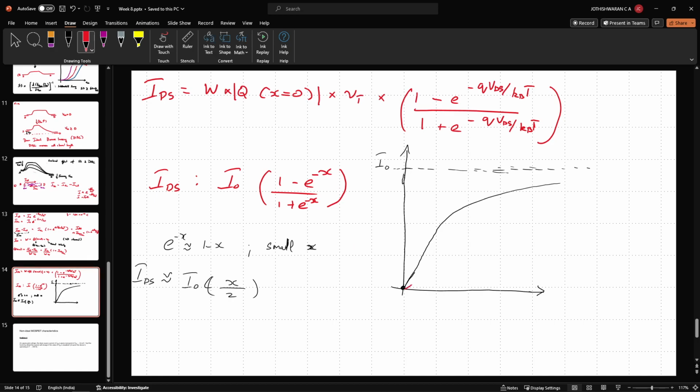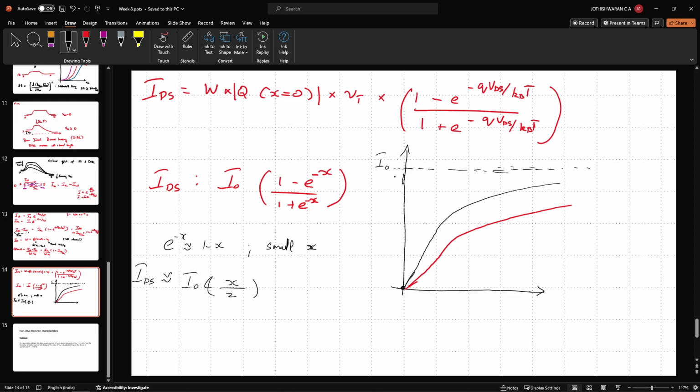There will be another curve which will again rise somewhat linearly up to a certain point. The hope is that at some point these curves will all become parallel to the x-axis. Remember, this q depends on VDS and VGS, so depending on the value of VDS, this q will change. So I naught will keep shifting for different values of VDS.